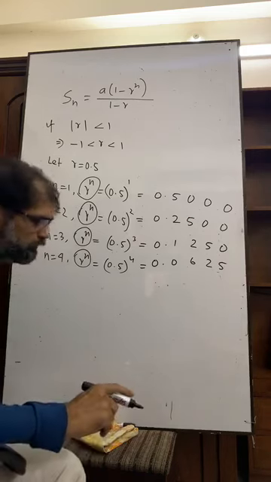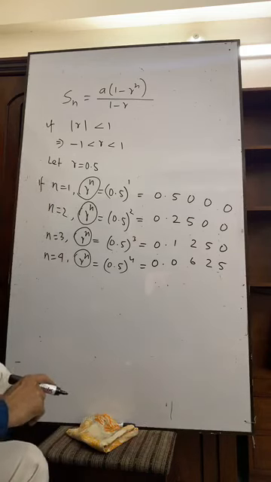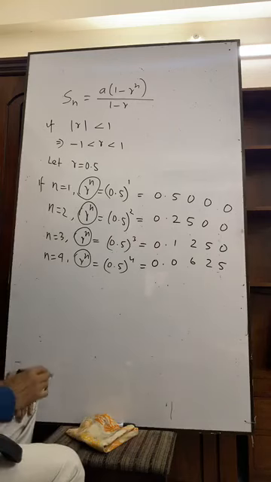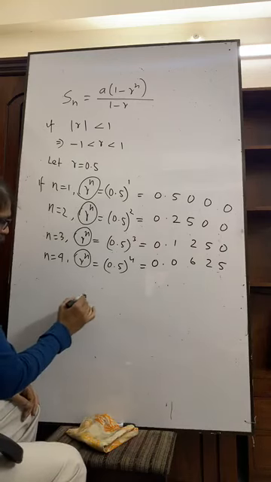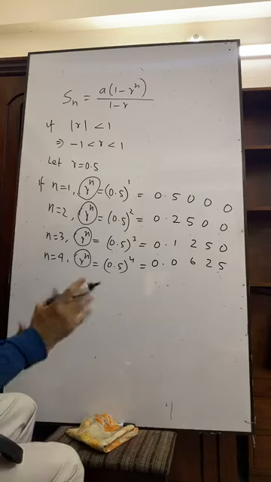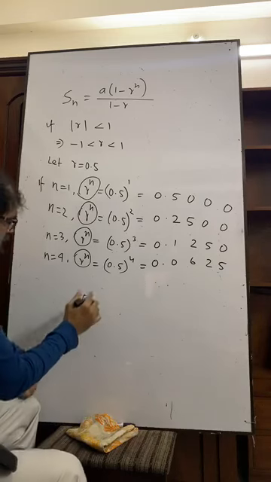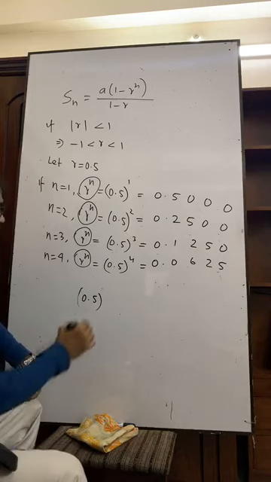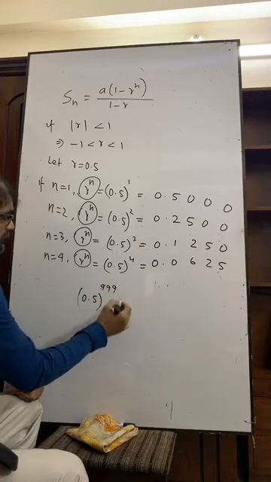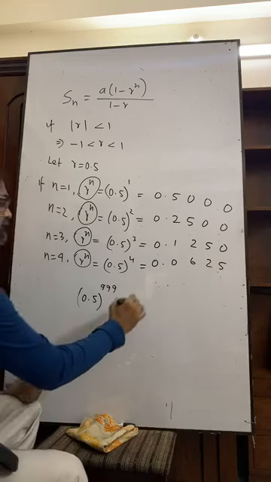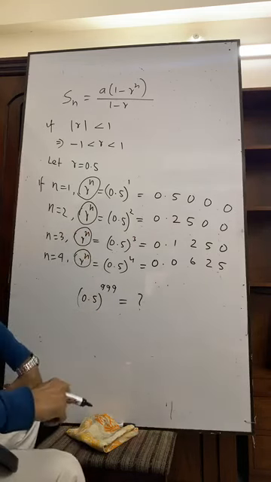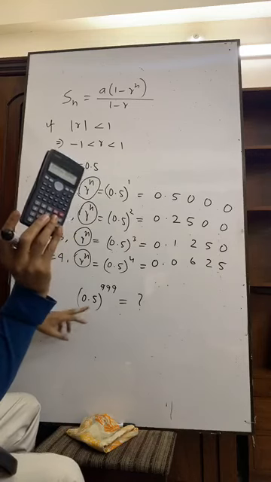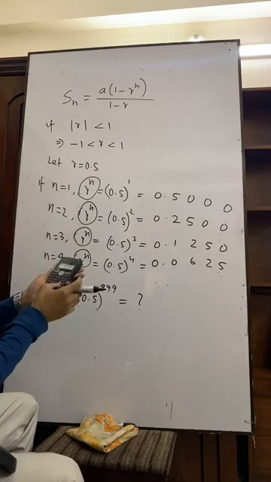Actually, you know what is meant by it. Suppose you take out your calculator. If n is sufficiently large, suppose a large number, I can take 999. Can you tell me what will be its result? I am using the calculator: 0.5 whole to the power 999.